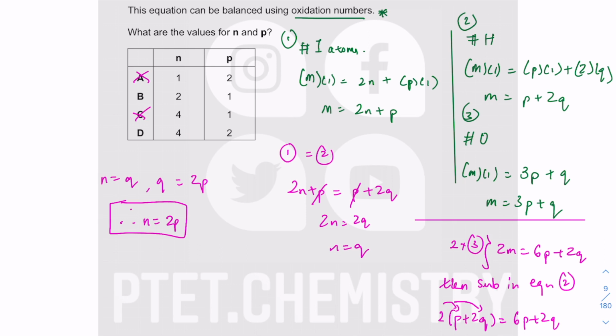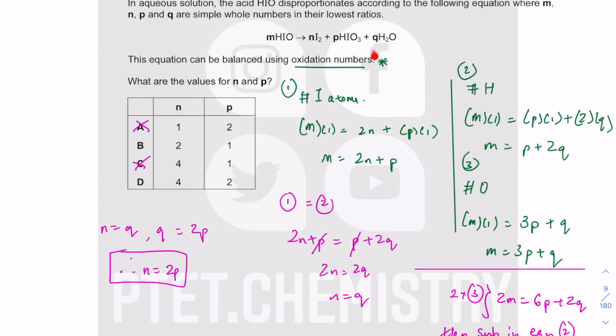How do we know which one is correct? Again, you might really have to balance it from scratch, and I think I must have done something wrong here. If N is equal to 2, then I have 2I2, and P is equal to 1, then Q is equal to 2P, Q equal to 2 times 1, that is 2.